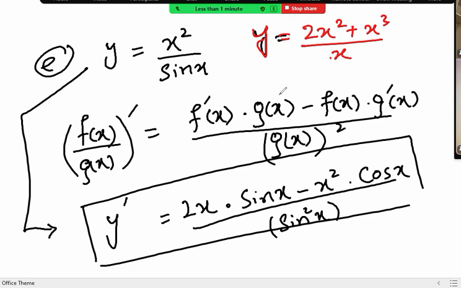So it's going to be x times 2x plus x squared. Divide x on both of them, so it will become 2x square divided by x plus x power 3 divided by x. Solve it, so it will become 2x plus x square. So this is y.